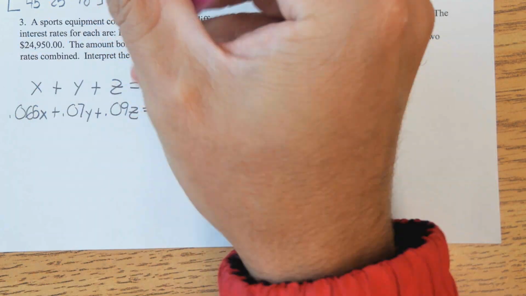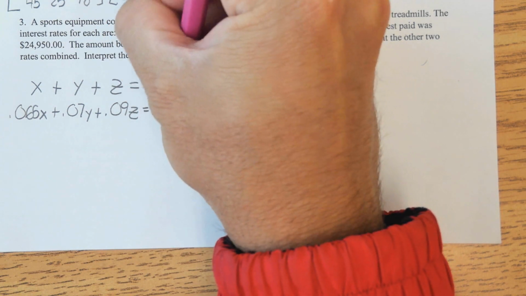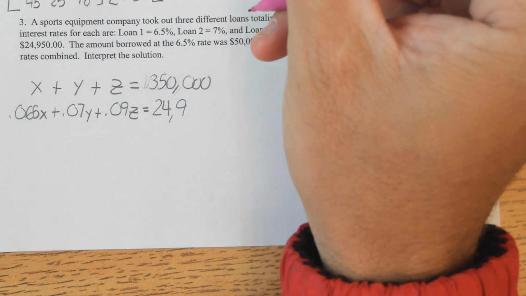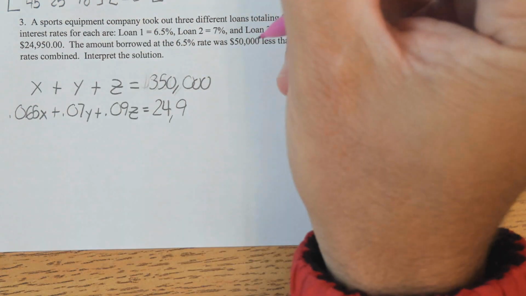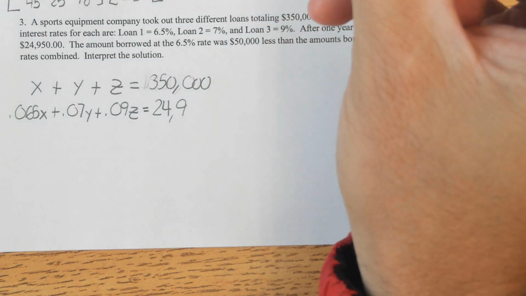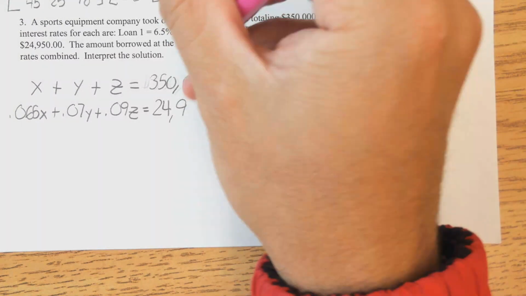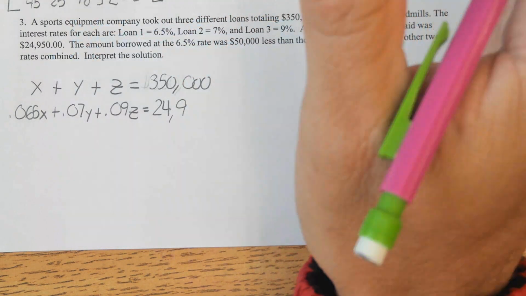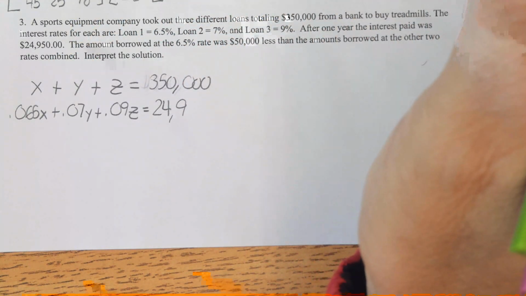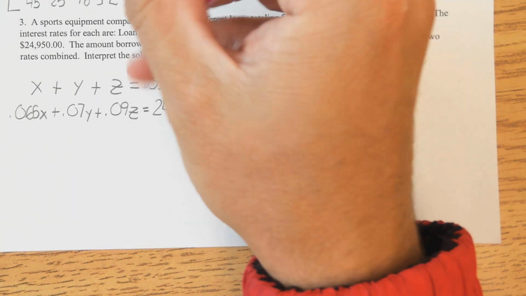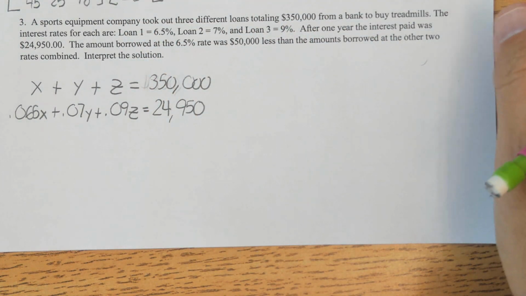So after all those loans, that's what was paid total. Or, I mean, sorry, it's just one company, not three different companies. I'm sorry, so just one company. We don't know how much of the loans it took out, but after a year, it equaled that. So I apologize about that at the beginning there. That's my bad.